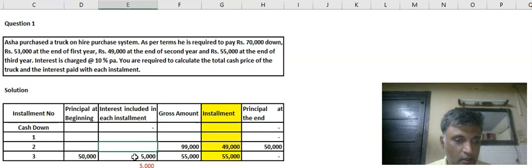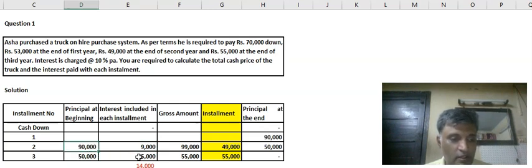It's 99,000 into 10 by 110, which gives 9,000. And the principal has to be 90,000. So 90,000 into 10% gives you 9,000, which makes 99,000.